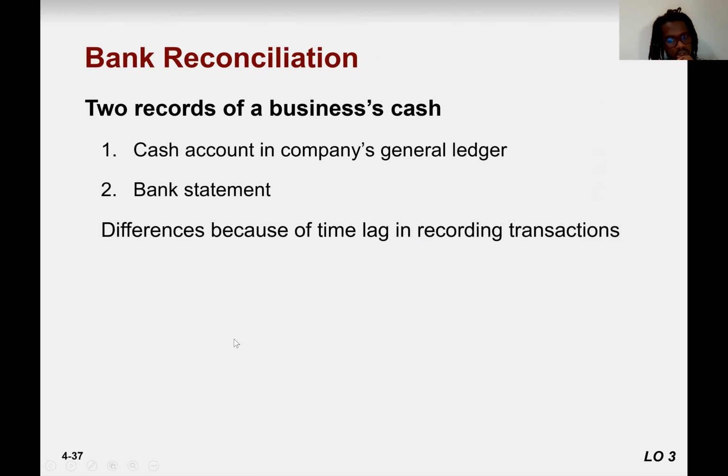So it means there are two records of a business's cash. Normally, we record the cash, like I just explained, and there is a bank statement. There is a difference between these two because of timing lag, right?